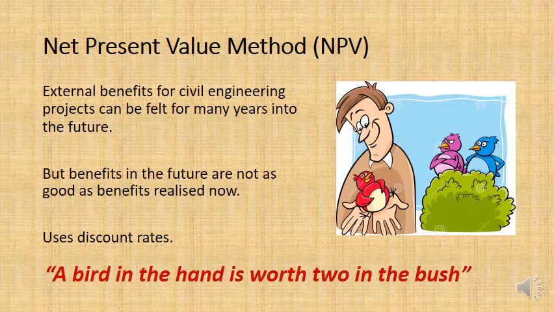But let's just say that the discount rate in New Zealand currently is about 5%, meaning that if I was given the choice of having $100 today or $105 in a year's time, or sorry, let's up the ante: $100,000 today or $105,000 in a year's time.